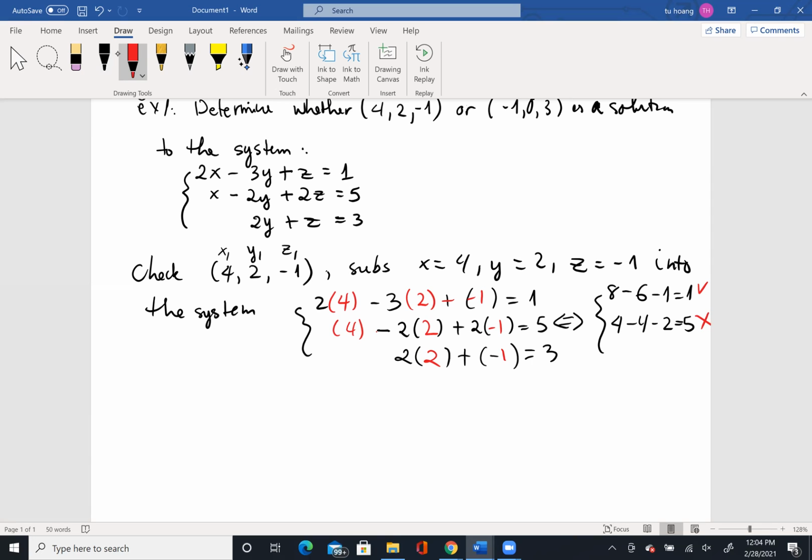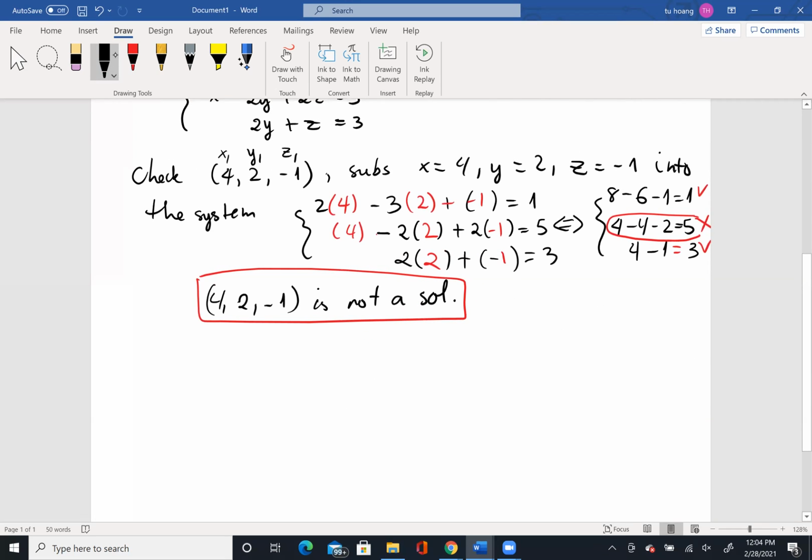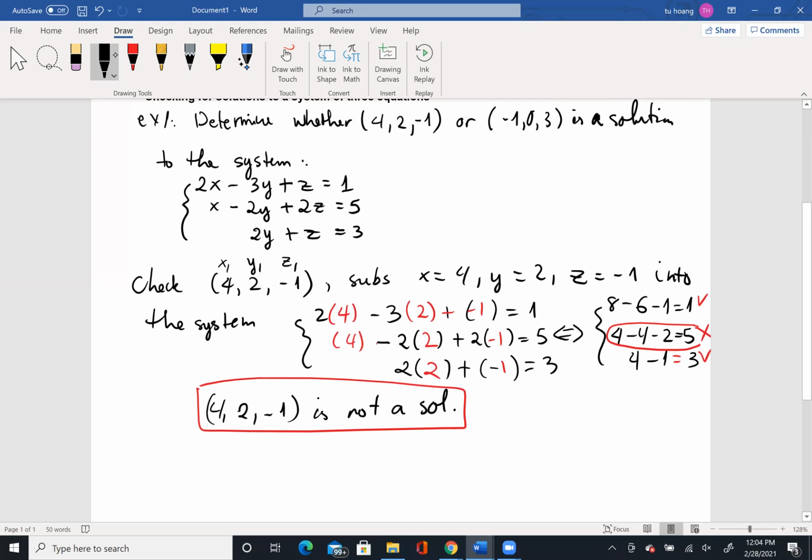And then the last one gives me 4 minus 1 equal to 3. This is a true answer, but because there is one equation that is not satisfied, I'm going to say (4, 2, -1) is not a solution. Since one equation is not satisfied, this is not a solution.